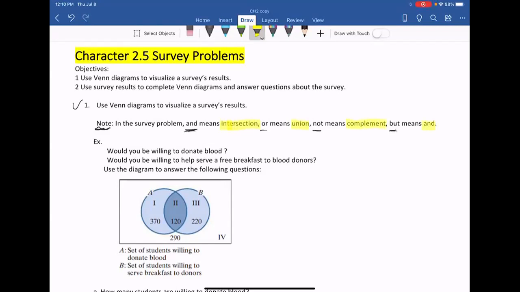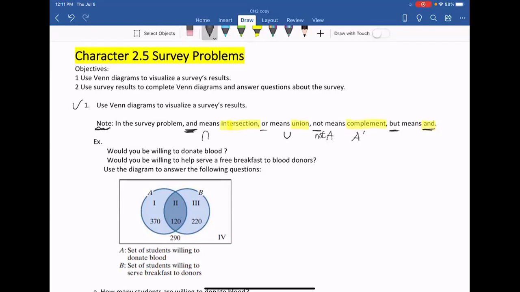So when you see these words, and means intersection, or means I should use the union symbol, not means complement. That means if I say not A, that's the complement of A. If I have but, that means and.